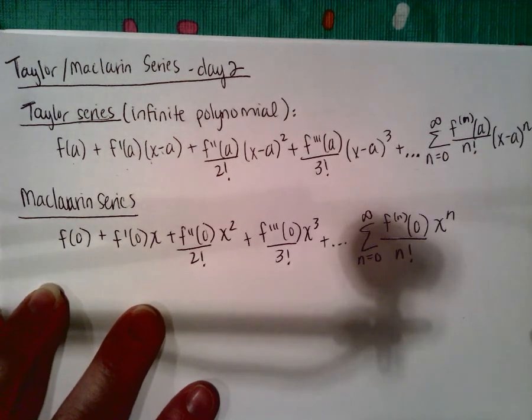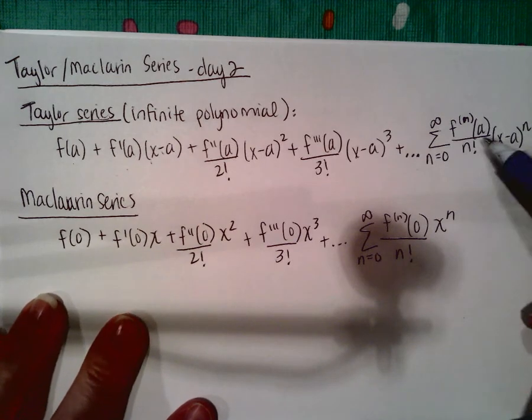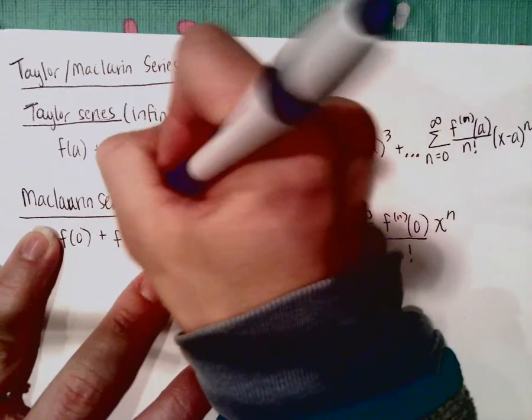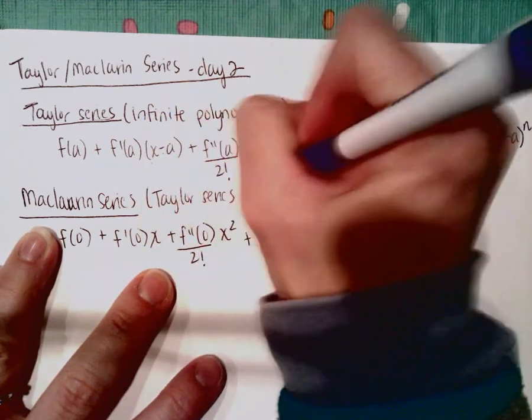So it's the same exact formula. We've just plugged a 0 in for a. So Maclaurin series is just a Taylor series centered at 0.